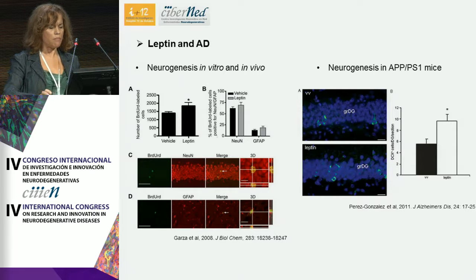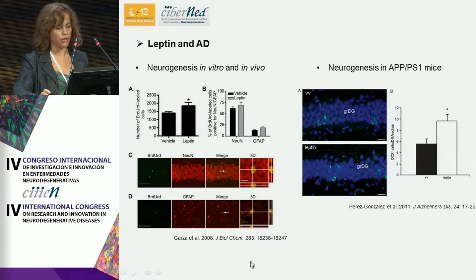Another metabolic molecule also involved in Alzheimer's disease is leptin. Leptin was previously described as a molecule with multiple functions in the brain.